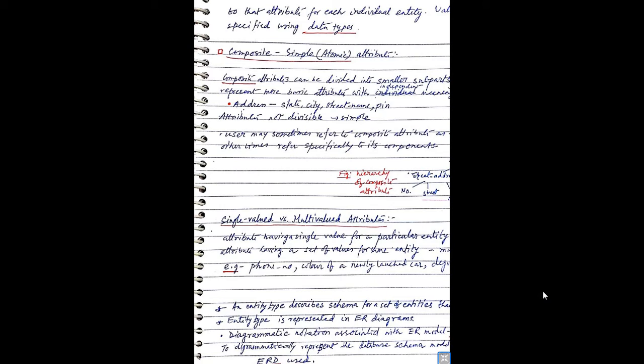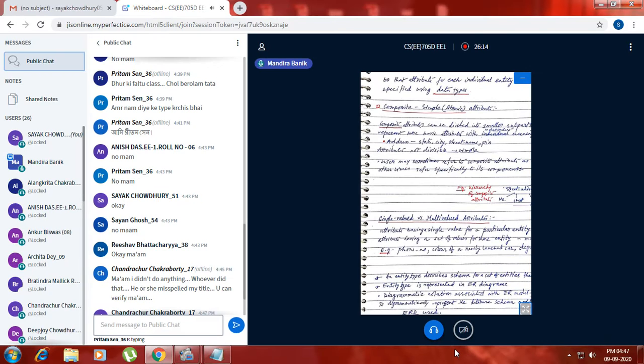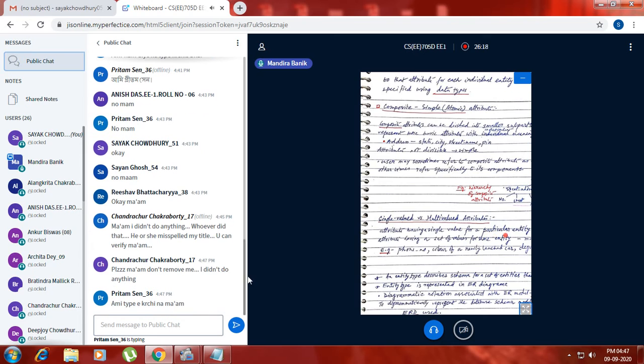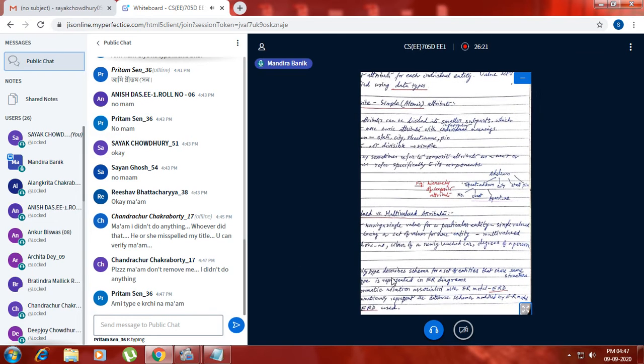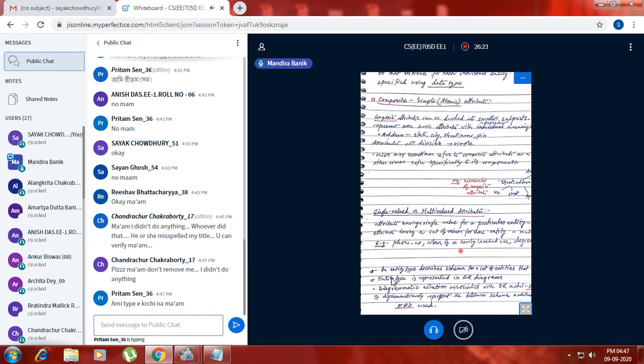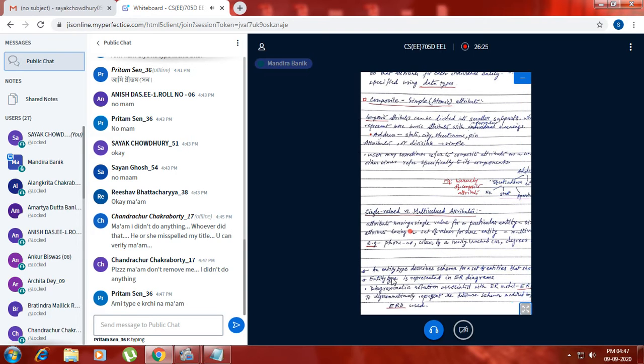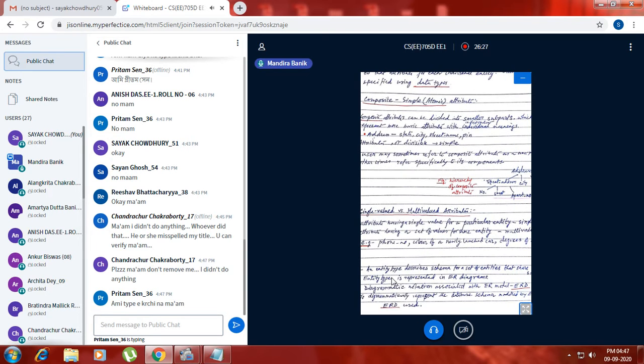So next one is single valued and multi-valued attributes. An attribute having a single value for a particular entity is called single valued.